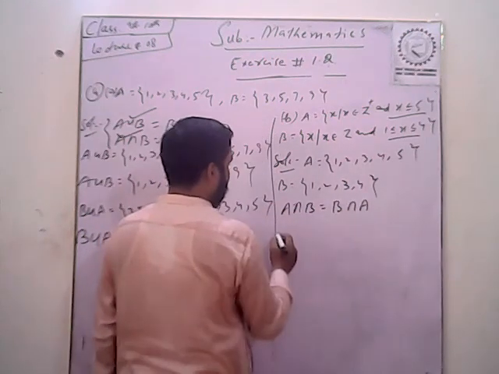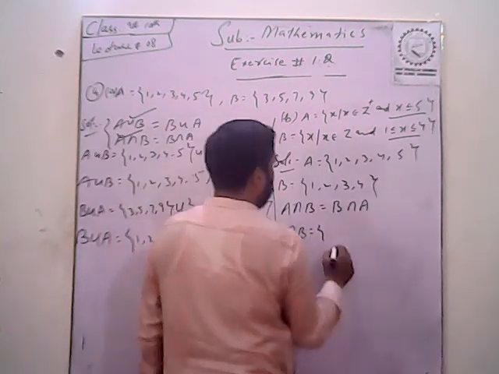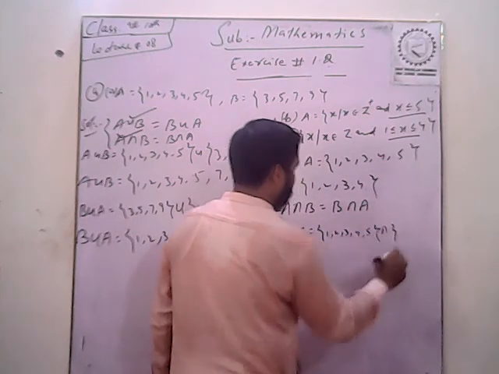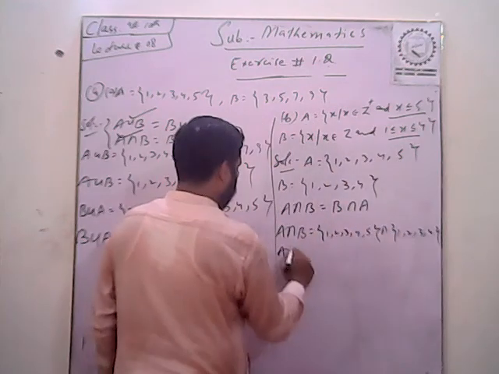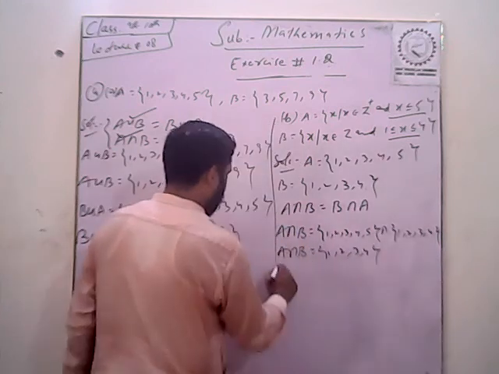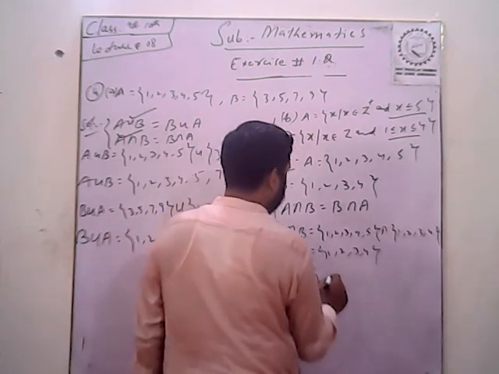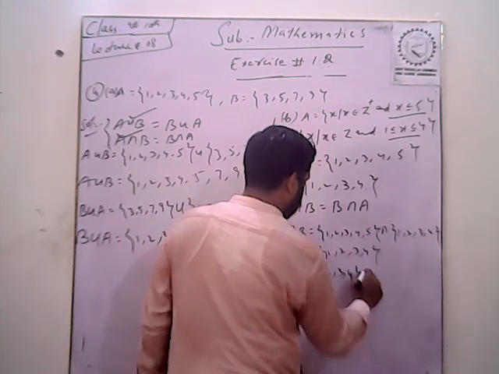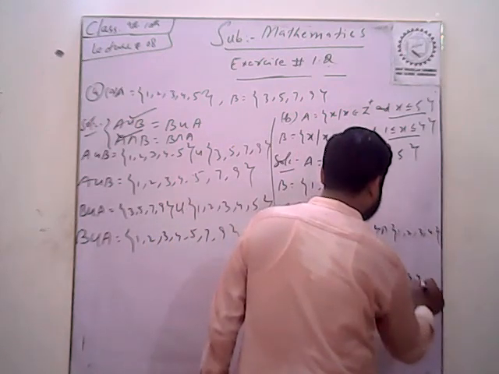Similarly, we can find this value. A intersection B, where A is {1, 2, 3, 4, 5} intersection B, which is {1, 2, 3, 4}. So A intersection B is equal to {1, 2, 3, 4}. Now B intersection A, where B is {1, 2, 3, 4} intersection {1, 2, 3, 4, 5}.